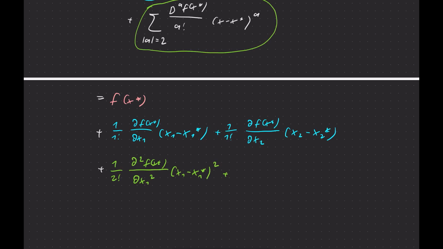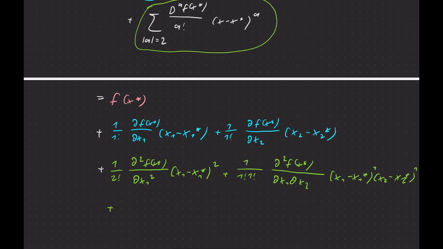Then we have the mixed case, a equals (1, 1). That means we have 1 over 1 factorial 1 factorial, d squared f over dx1 dx2 at x star, times x1 minus x1 star times x2 minus x2 star, both to the power 1.